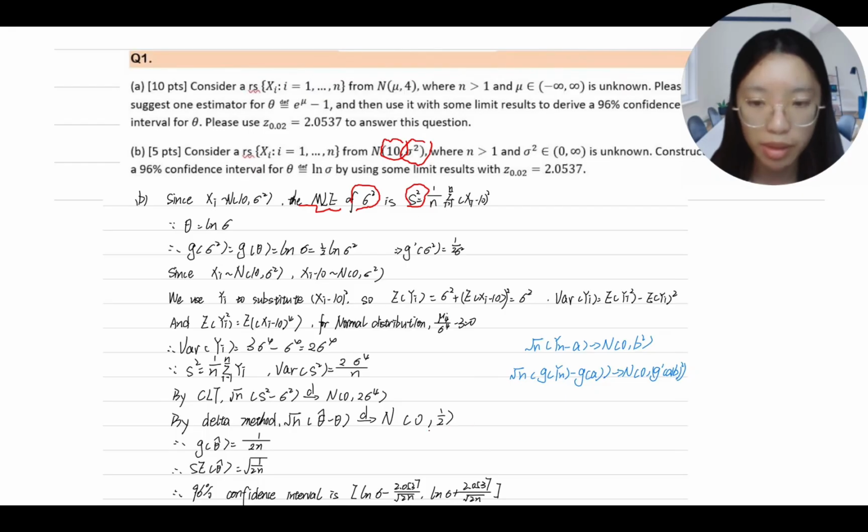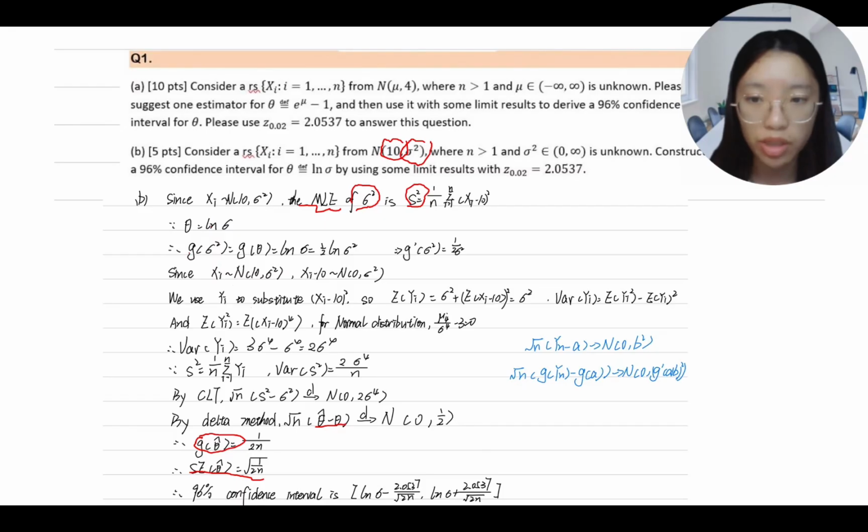And then similarly, because we need to calculate the standard error, we need to get the relationship of theta bar and theta. And then we can use the expression of g theta bar to calculate the standard error. But it is more difficult because sigma squared is unknown.